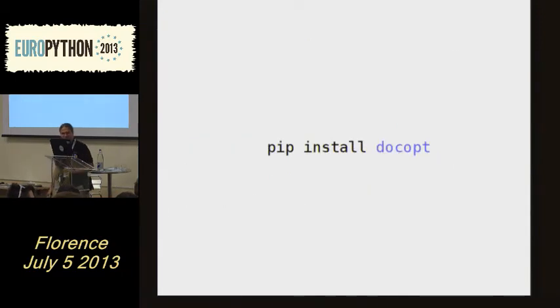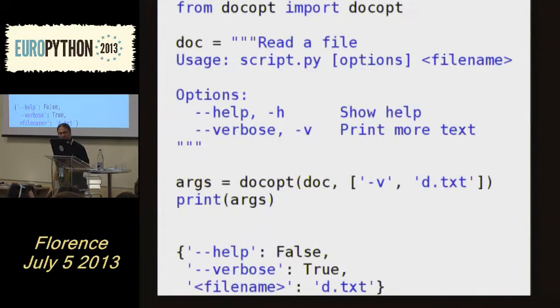There's also DOCOPT, which is pretty nice. Use it like this. You write the help text yourself, and then DOCOPT parses this help text and generates the option configuration for you, and then you can parse the command line arguments and you get them in a dictionary like that.